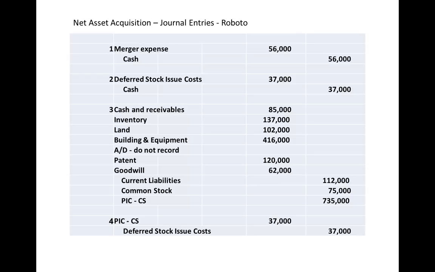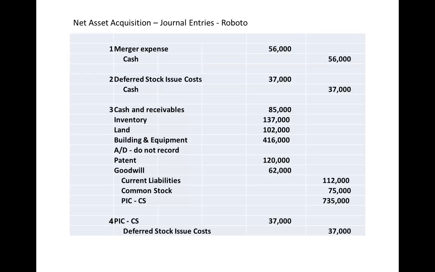And then any stock issuance cost relating to issuing the stock to Kernel, we're going to put into an account called deferred stock issuance cost. This is a temporary holding account that will keep track of all our costs, and when we get done issuing all the stock, we'll jump down to entry 4 and reclassify that to paid in capital common stock. So the end result is any stock issuance cost is a direct reduction of paid in capital common stock. It is not an expense.